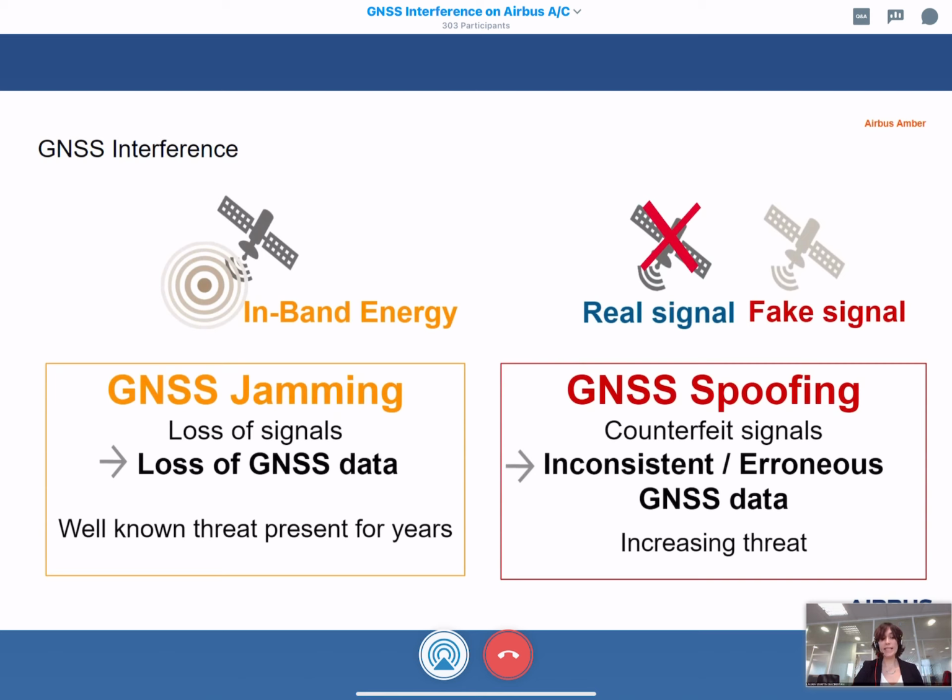It shall be highlighted that a spoofing threat may have most of the times the same effect as jamming at receiver level, and only if the receiver is indeed deceived, we can get inconsistent or erroneous GNSS data. Airbus has been working on spoofing characterization for several years now. In-service observations confirm that the spoofing threat has lately been increasing significantly in different regions of the world, and we can say now that it is a confirmed threat in aviation.